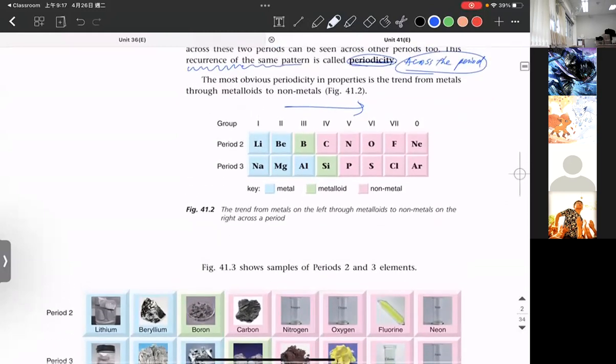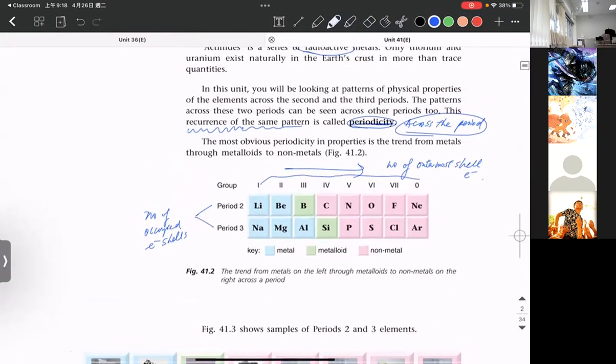Period 2 and period 3, the difference is the number of occupied electron shells. But if we talk about the group, the difference is the number of outermost shell electrons. Just recall your memory about that.